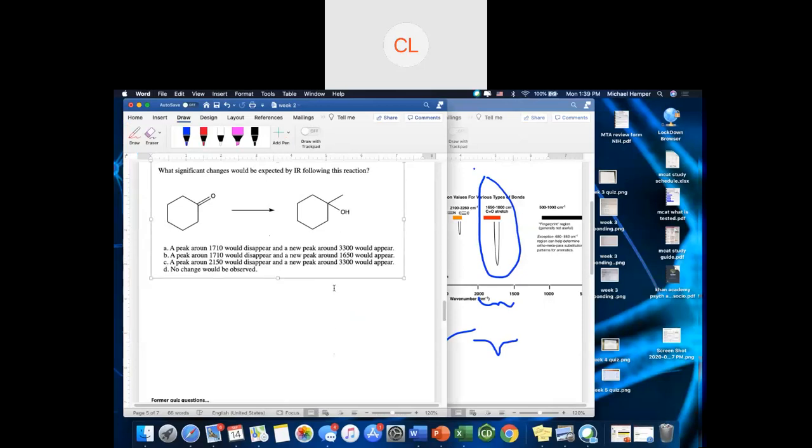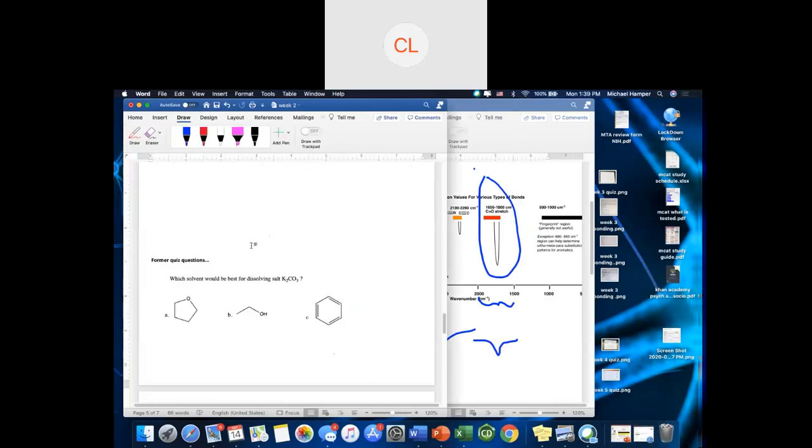So we did that one. For a quiz question, you guys already took a quiz. Could somebody tell me which solvent is best for dissolving this salt? Would it be B? Why? Because it's more polar.